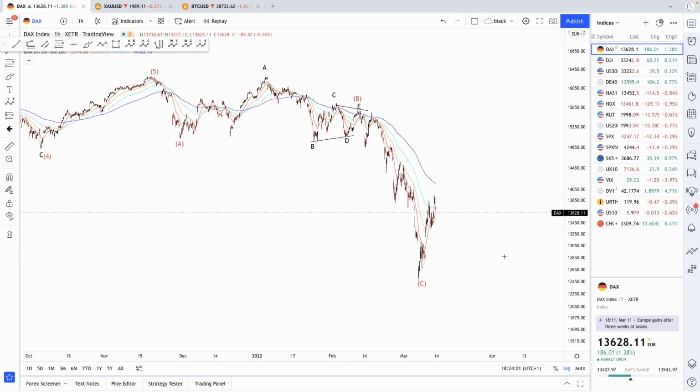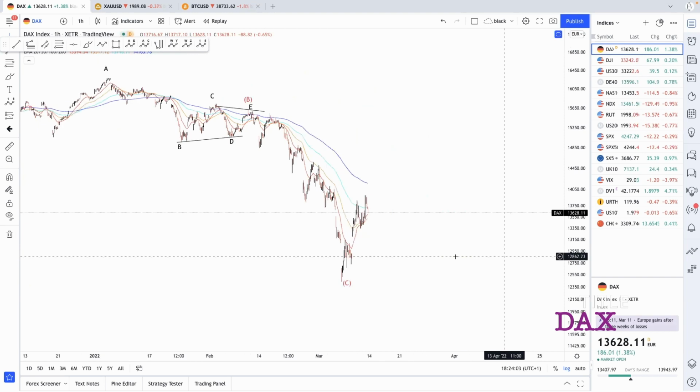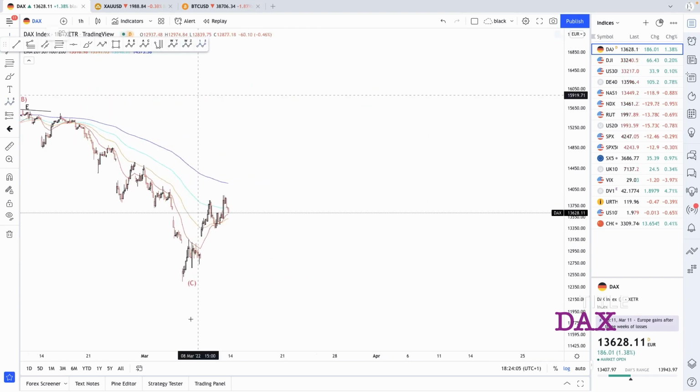The DAX is a bit different. Here we could potentially count on the cash market 5 ways up, I guess. However, you could also have either a flat in wave 2, 3, 4, and up for 5, or else A, B, and C. So 1, 2, 3, 4, 5.